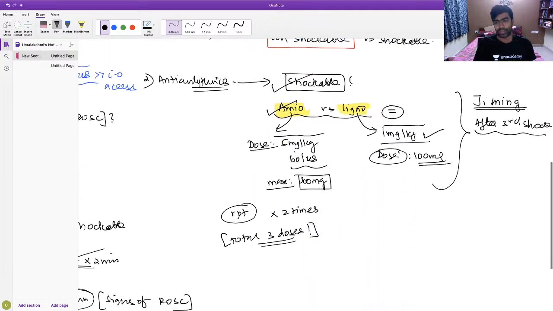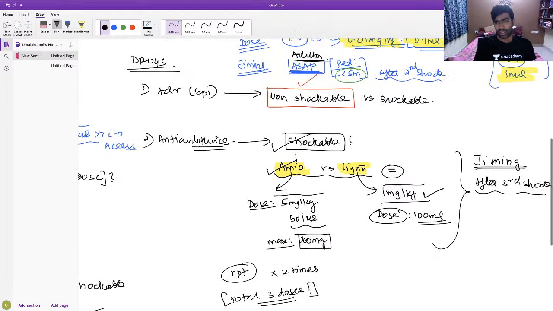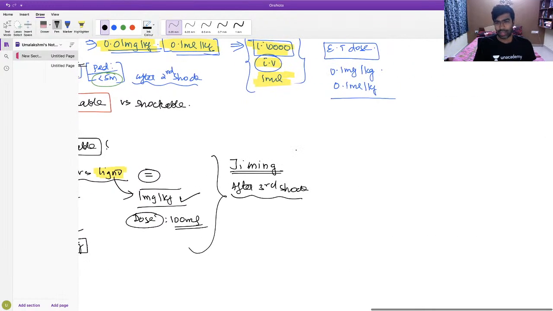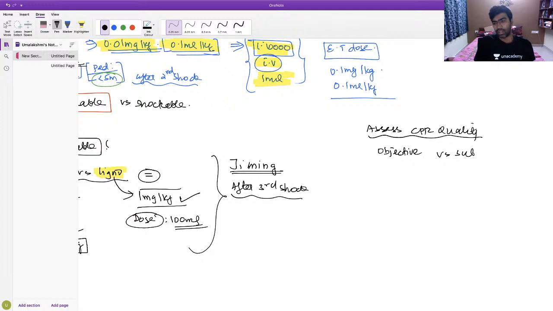One more thing that you need to know is to assess the CPR quality. That's really, really important. As far as the CPR quality is concerned, it has to be objective. Objective assessments are better than subjective assessments, and this is something that's been added in the new algorithm.